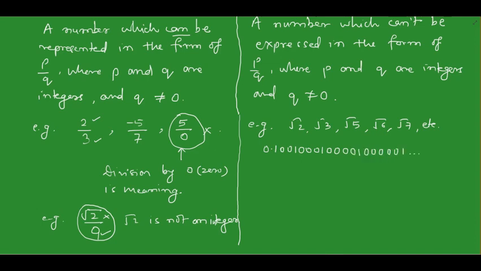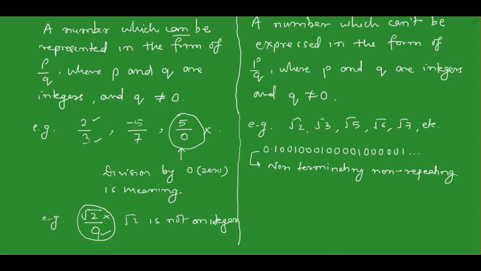You can see here that the number of zeros is increasing again and again. That means this number is non-terminating, non-repeating. I'll explain it in a while. So all these are irrational numbers.